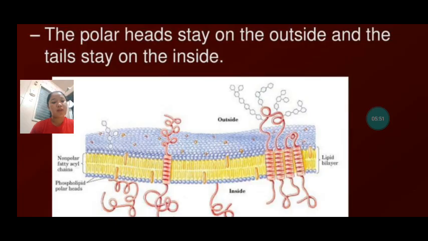Overall, the fluid mosaic model highlights the cell membrane's dynamic nature, where components are in constant motion, allowing for flexibility and adaptability in the cell membrane.